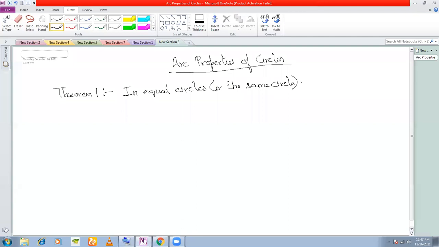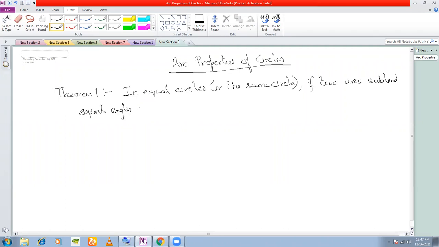So in either two equal circles you take, that is two circles with the same radius, or in the same circle itself, if two arcs subtend equal angles at the center, then the arcs are equal.